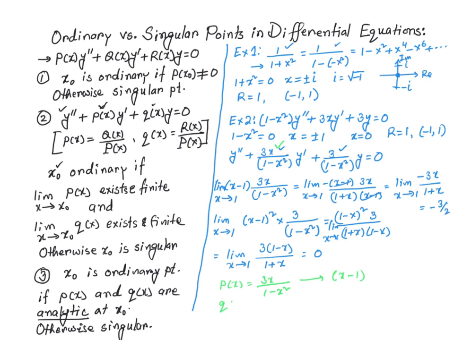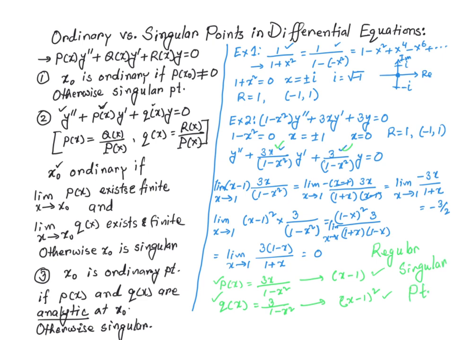And I multiplied the q of x, this function here, 3 over 1 minus x squared, by (x minus 1) whole squared, and I took a limit of it as x approaches 1. And both of these limits exist. So if you have a singular point for a differential equation for which these two conditions are satisfied, it is called a regular singular point.